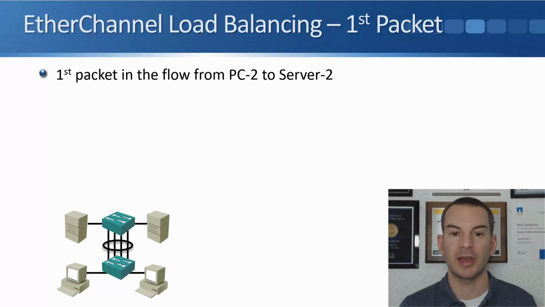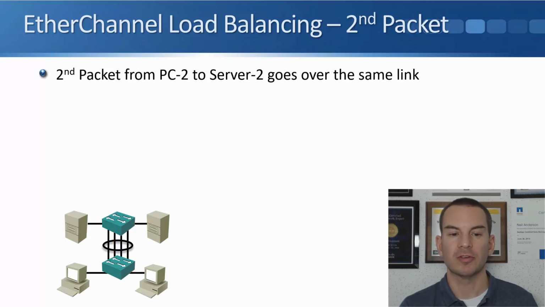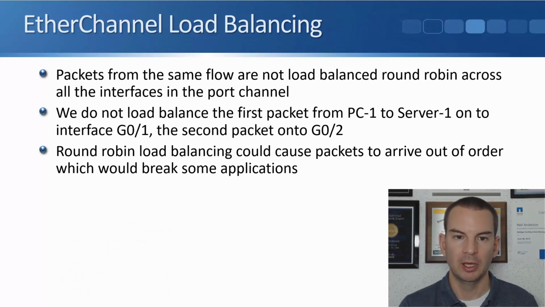On the second flow from PC2 to server 2, that comes into the switch. The switch will use its algorithm to decide which interface to load balance it onto, gig 0/2 in our example, and then it goes to the server. When the second and the third and fourth and so on packets come in from that flow, they'll all be load balanced onto the same interface. Packets from the same flow are always load balanced onto the same interface.